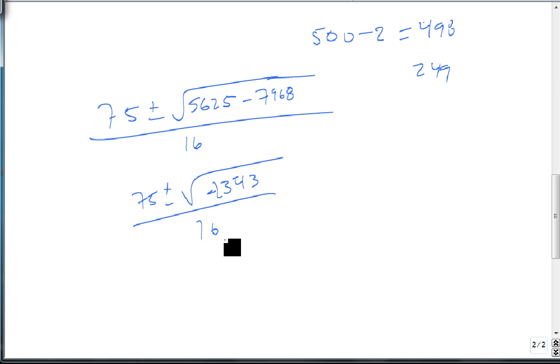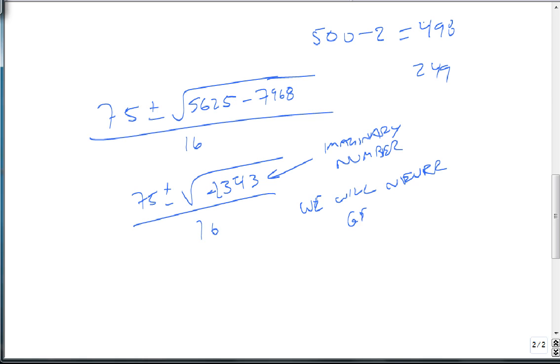And since this is an imaginary number, not a real number, we will never get to 500 feet. Before it gets to 500 feet, gravity's going to take over and it's going to come back down.